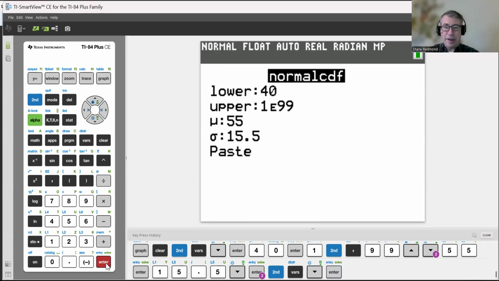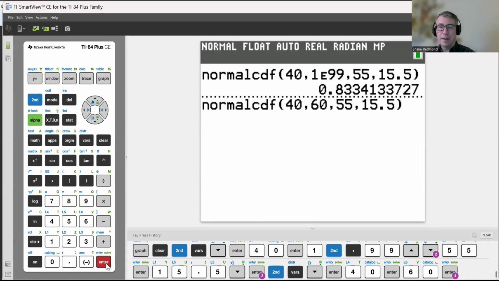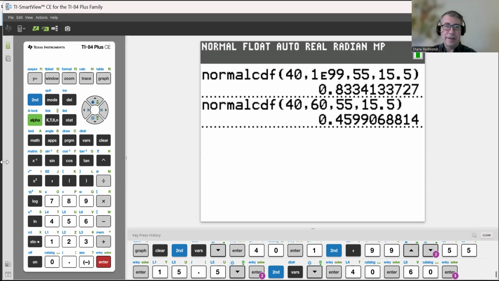And I put the values in here again, 40 for my lower bound, 60 for my upper bound. My mean and standard deviation are here from the last problem. So mean of 55 and standard deviation of 15.5. And there are my 4 values put in there, and let's hit enter for it to do the calculation for us. And we get 0.4599.